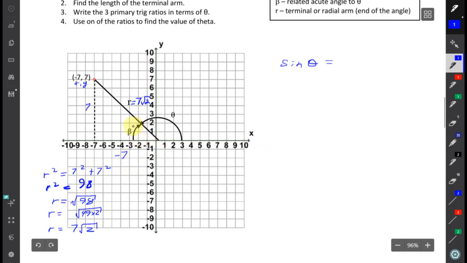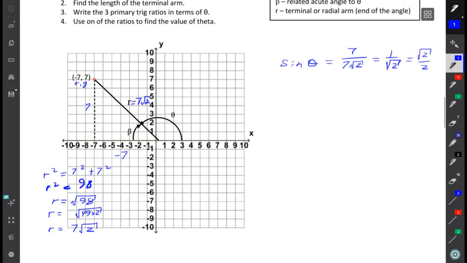So beta is our reference point. For sine, it's the opposite over the hypotenuse. So sine of theta is 7 over the 7 root 2. Simplifying, that gives us 1 over root 2. And because this is a final answer, we're going to rationalize it to root 2 over 2.